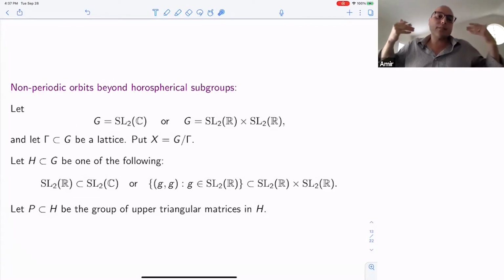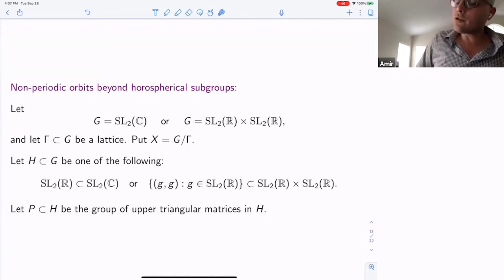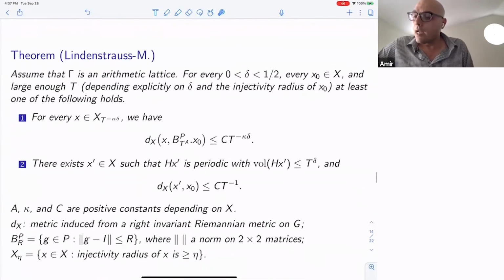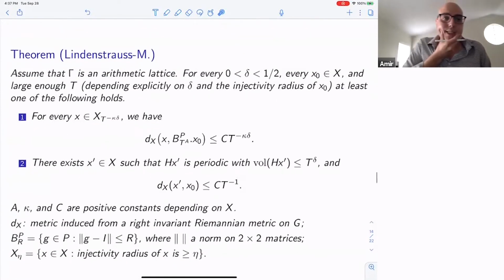But okay, so this is the question. I have this subgroup SL2R sitting inside SL2C. Can I say something about the orbit? And the answer is yes. So there is a polynomially effective density result in this setting.